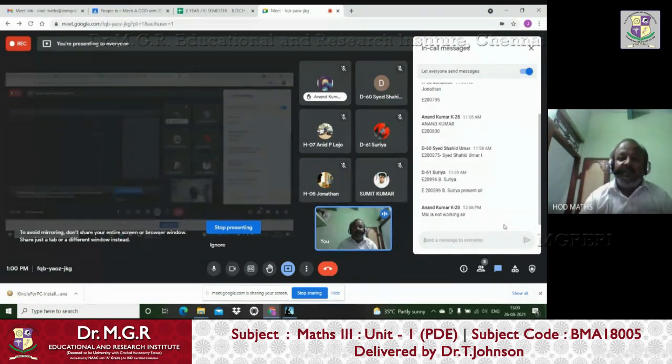One more thing I expect from all of you, change your photo. What photo are you using? Previously you were using your Gmail for personal purposes, but now you are using it for academic purposes. So if you have a passport size school photo that you used for your ID card, you can put that as a photo.